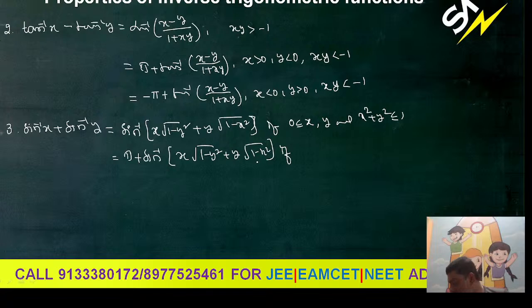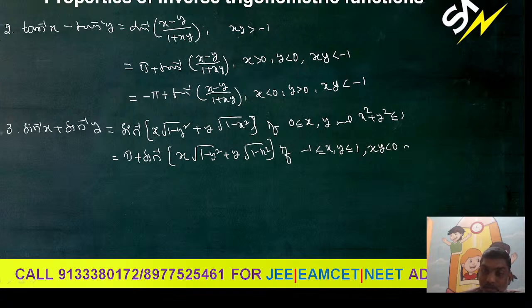Conditions: minus 1 less than or equal to x, y less than or equal to 1, xy less than 0, and x square plus y square is greater than 1.